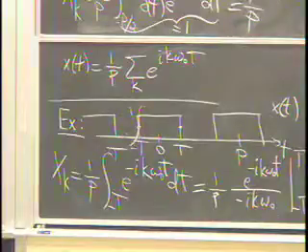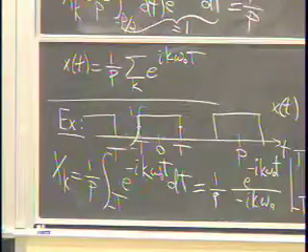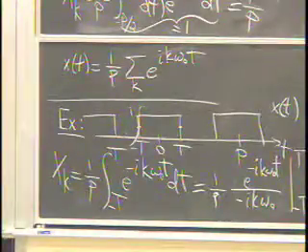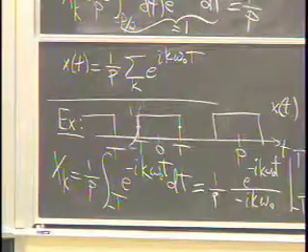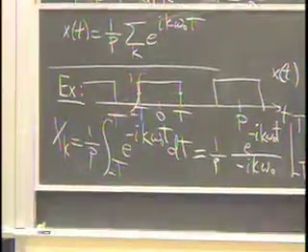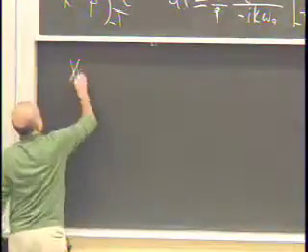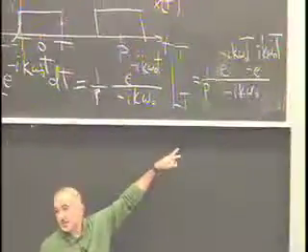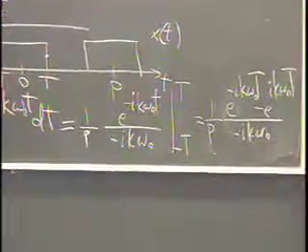E to the negative I k omega naught cap t minus e to the I k omega naught cap t, over minus I k omega naught. Okay? So xk will then be, I can take the minus sign in the denominator and incorporate it in the numerator.